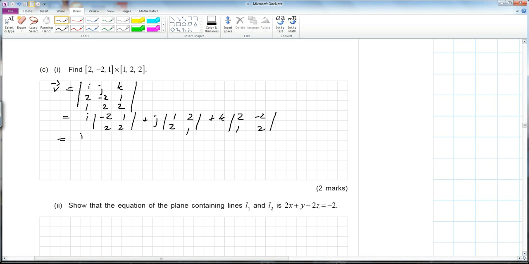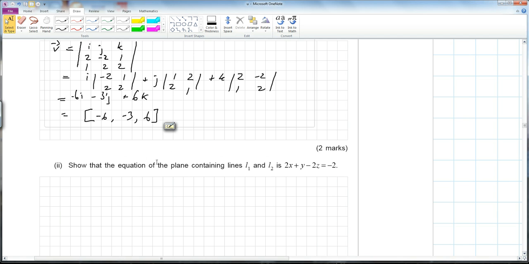So that's minus 4, so we've got minus 6i, take 3j, plus 6k, back into coordinate form, gives us that value there for the vector.